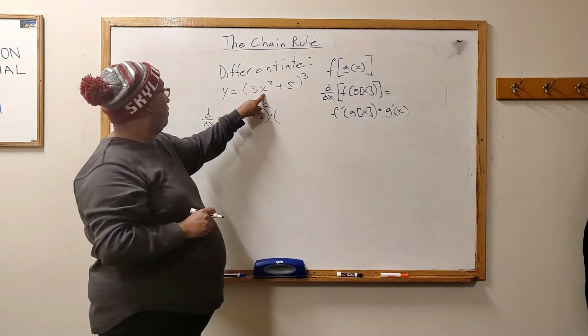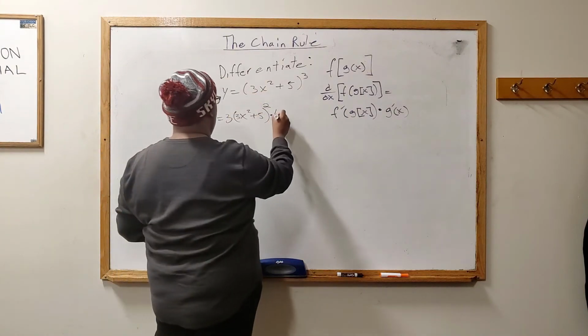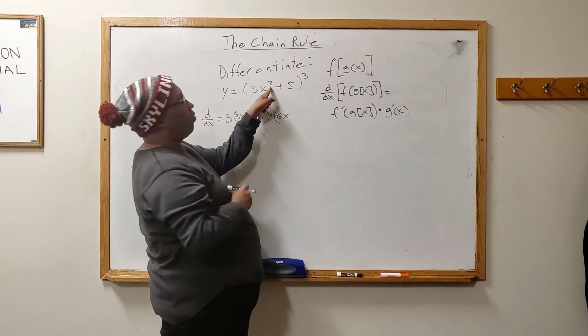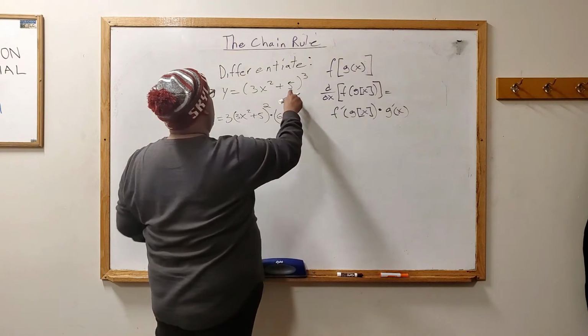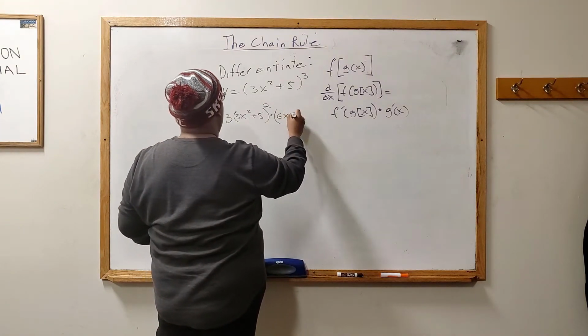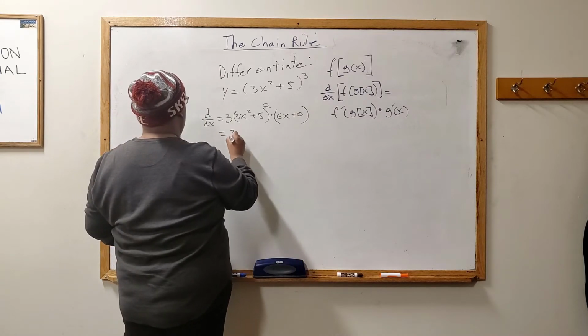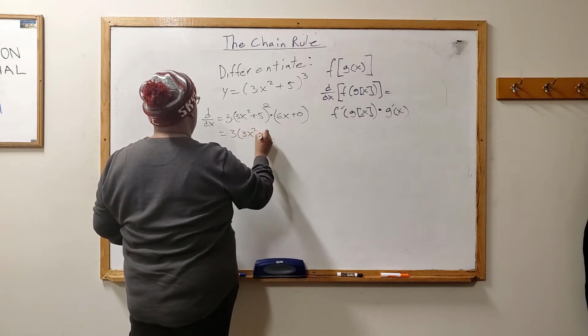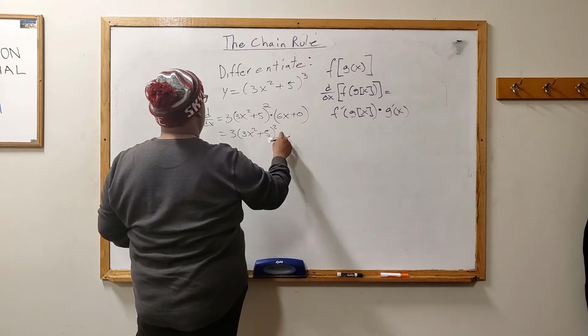Again, we're going to take the derivative of this one, move this one down. 2 times 3 gives us a 6. Subtract 1 from the 2, that gives us a 1, which is just invisible. The derivative of 5 is 0. Simplify this. 6x plus 0 is just 6x.